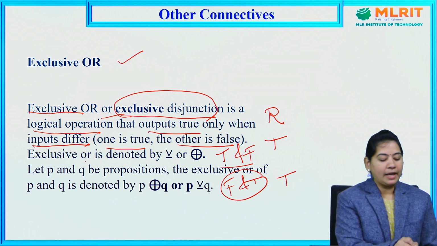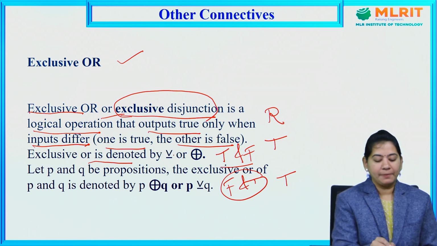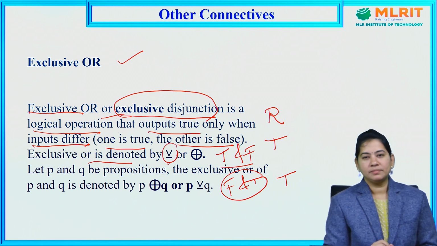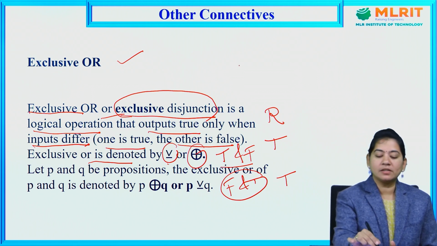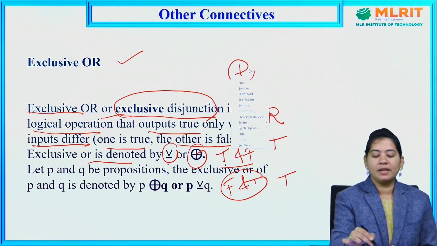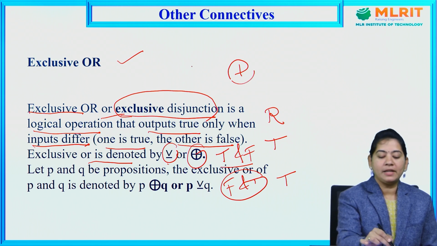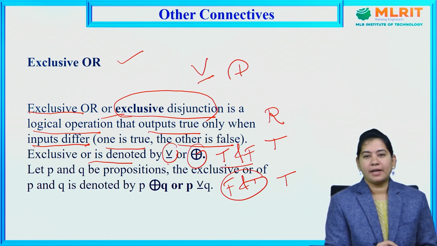Exclusive OR is denoted by OR with a hyphen underneath, or a plus with a circle.